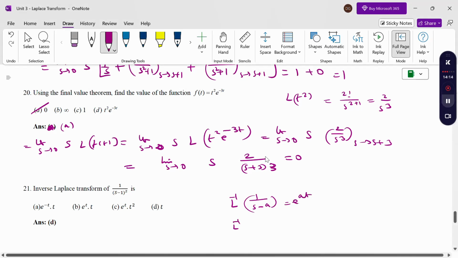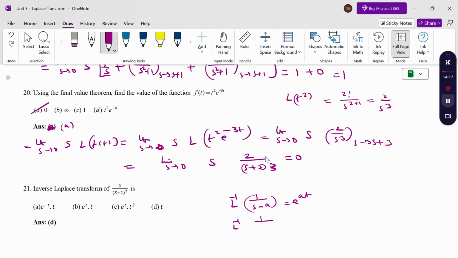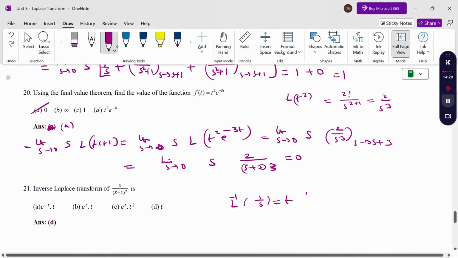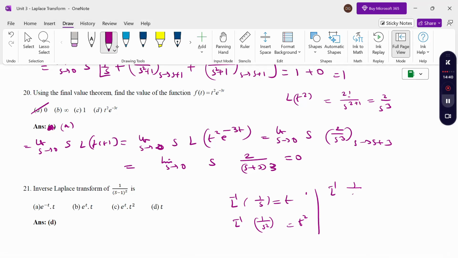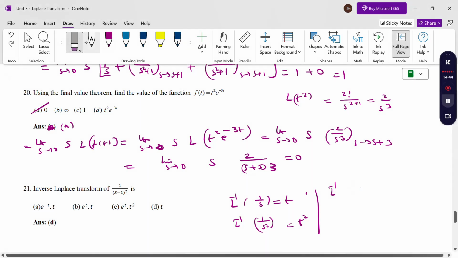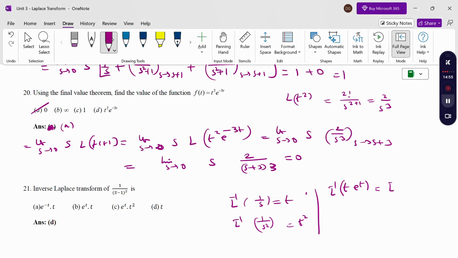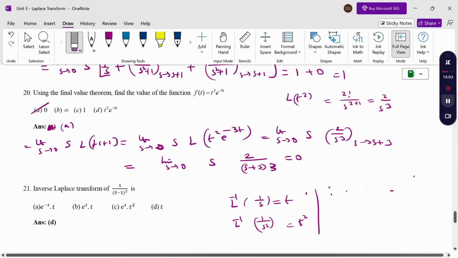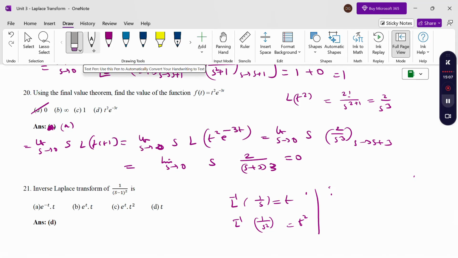L inverse of 1 by s is 1, L inverse of 1 by s square is t, and L inverse of 1 by s minus 1 whole square is t into e power t.